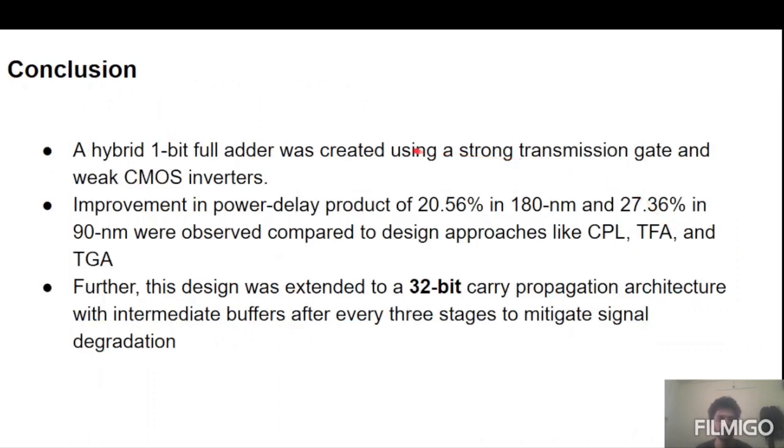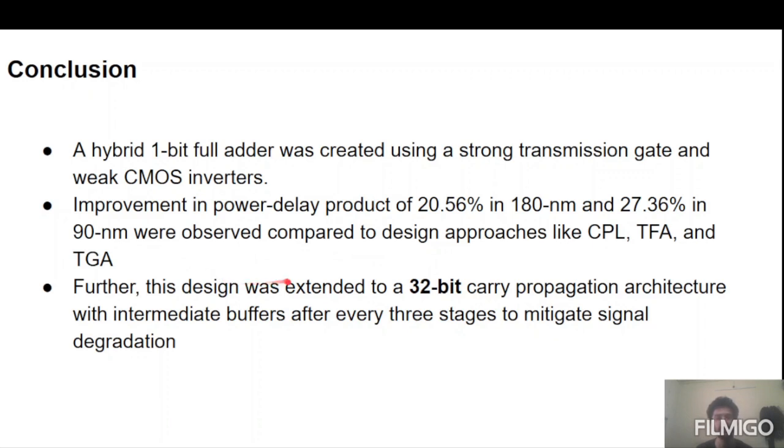So to conclude, we observed in this research paper that this hybrid 1-bit full adder was created using a strong transmission gate and weak CMOS inverters. Then there was an improvement in power delay product of 20.56% for 180 nanometer and 27.36% for 90 nanometer, as compared to standard design approaches like CPL, TFA, and TGA.